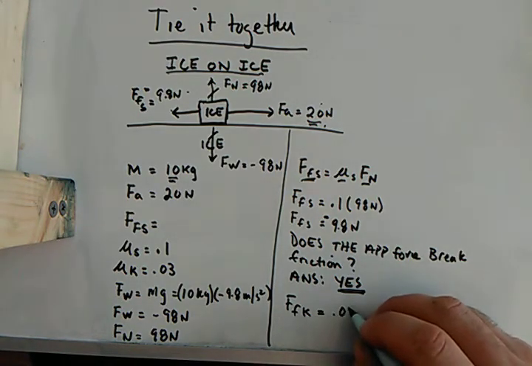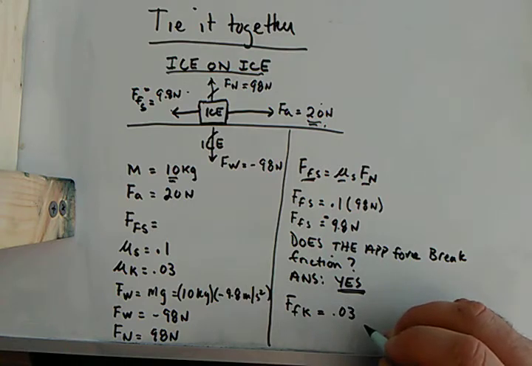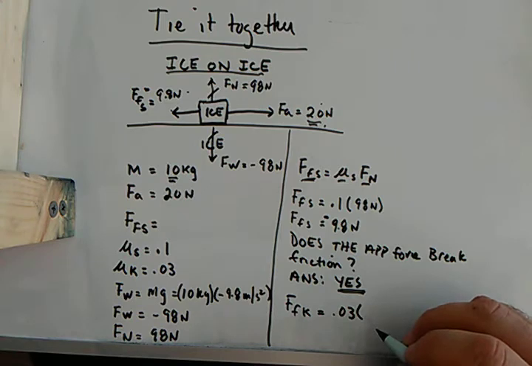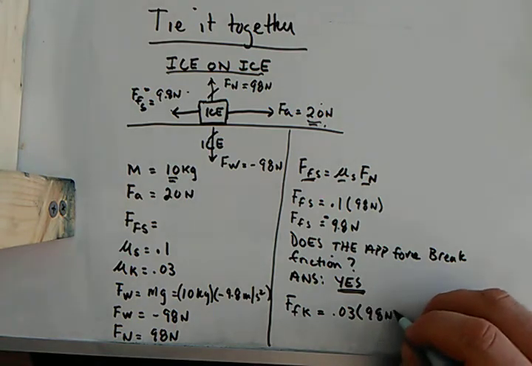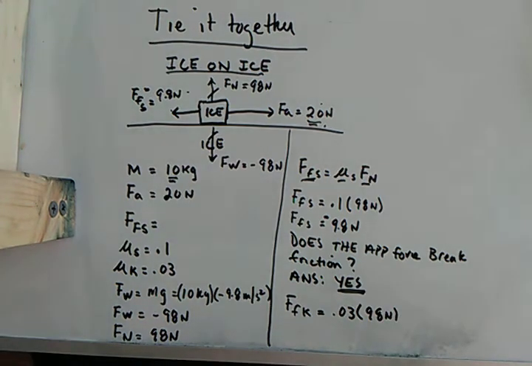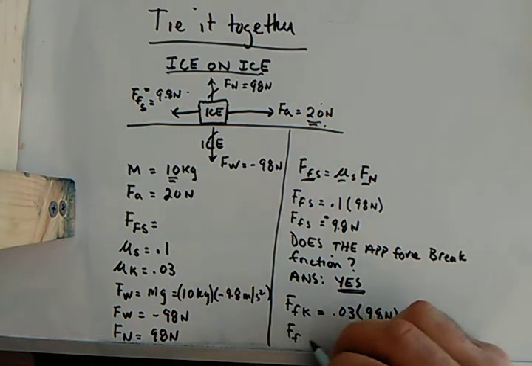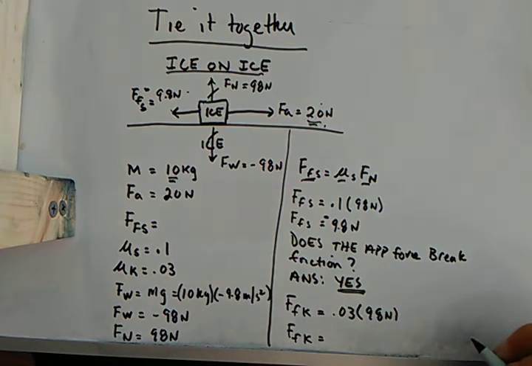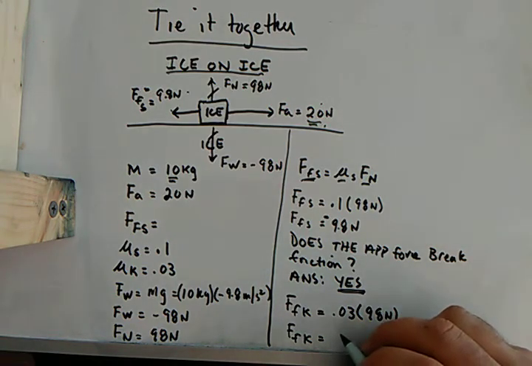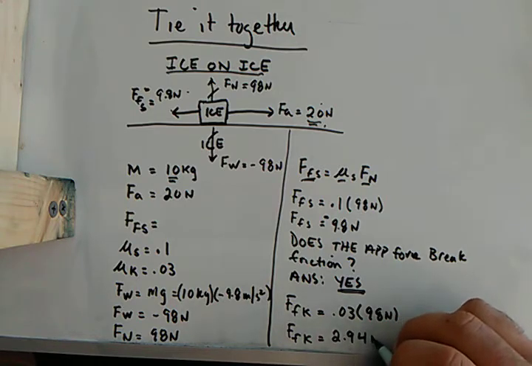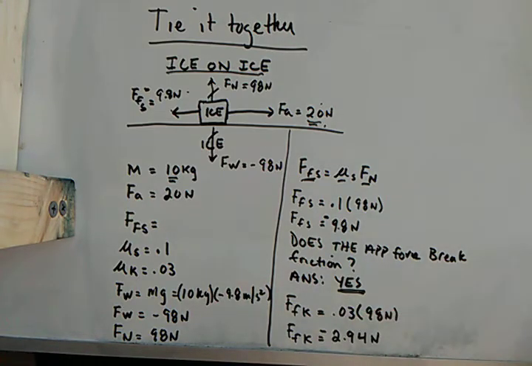We said that the mu value was 0.03 right there, and the normal force is still 98 newtons. And when I calculate these things out together, the kinetic friction is now 2.94 newtons, in the opposite direction.